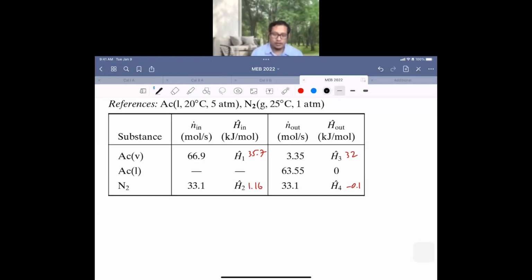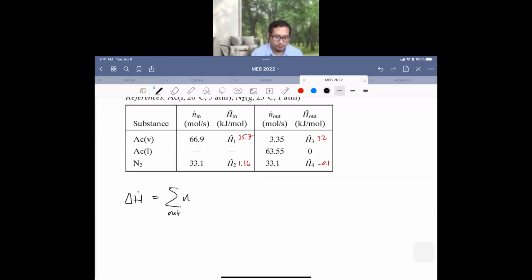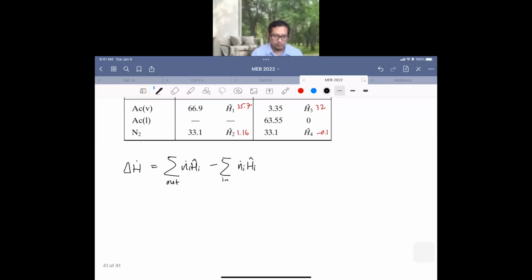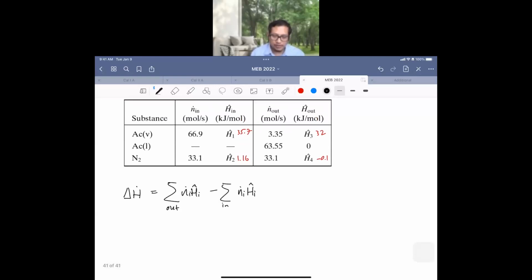After we get all the numbers, the idea next is to check the delta H, the total delta H. From all the numbers, I think it's easy to imagine: the output and input.